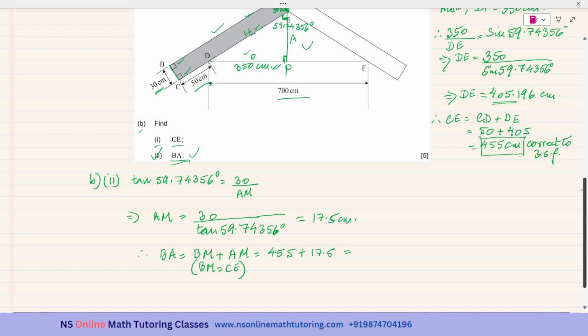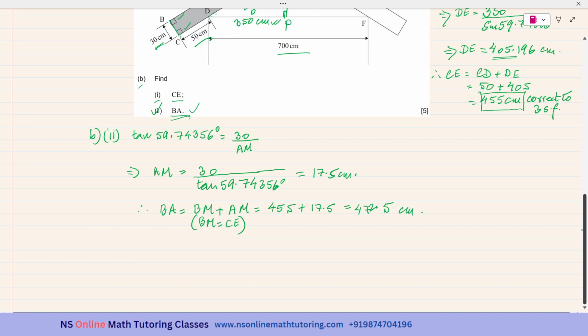So this will be equal to 0.5, and this is 2 and this is 7. 5 plus 7 is 12, so it is 2 and carried 1. So 6 plus 1 is 7 and 4. 472.5 centimeters.